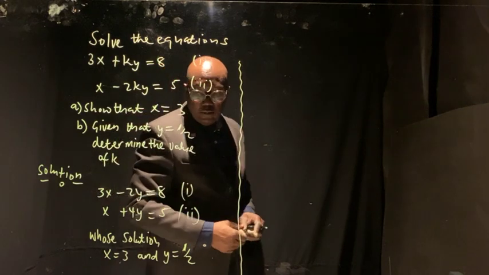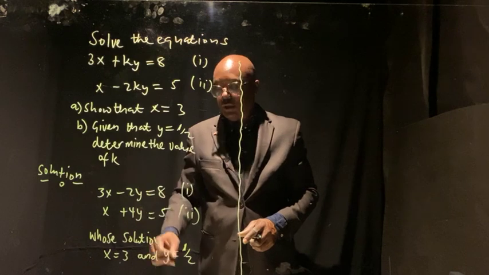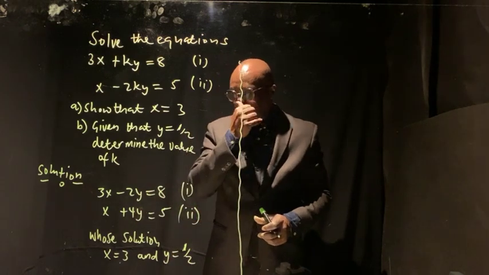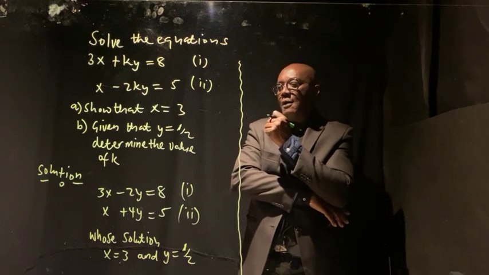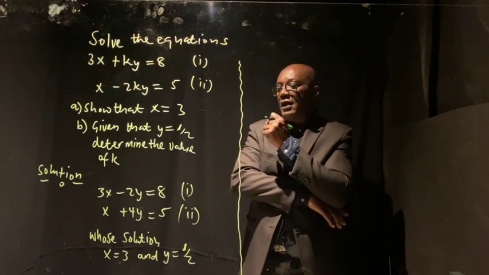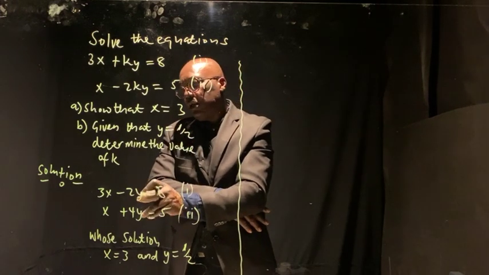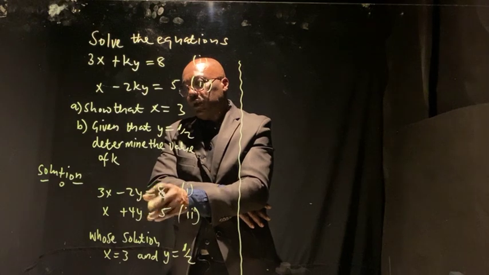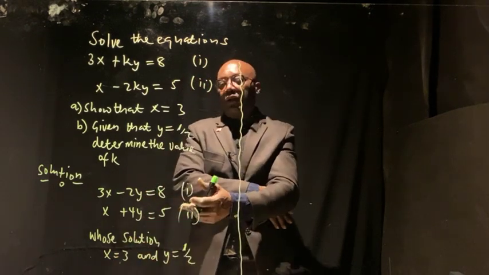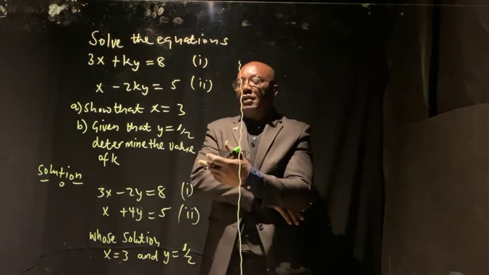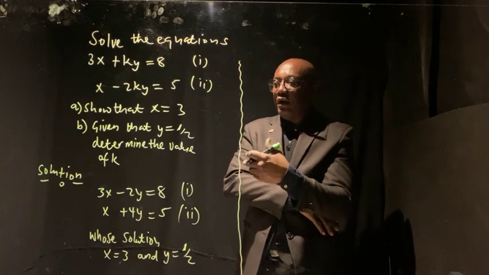Now let's see what we can do. Before we sketch, why can't we use another approach to find the x and y values of this simultaneous equation? Though we know that we will come up with x equals 3 and y equals half, this is anyway something to broaden our mind.